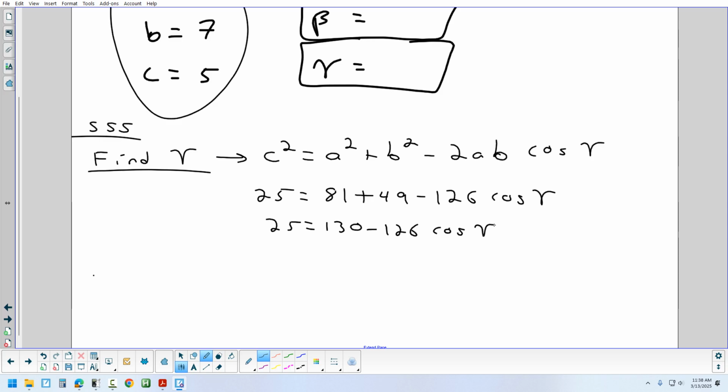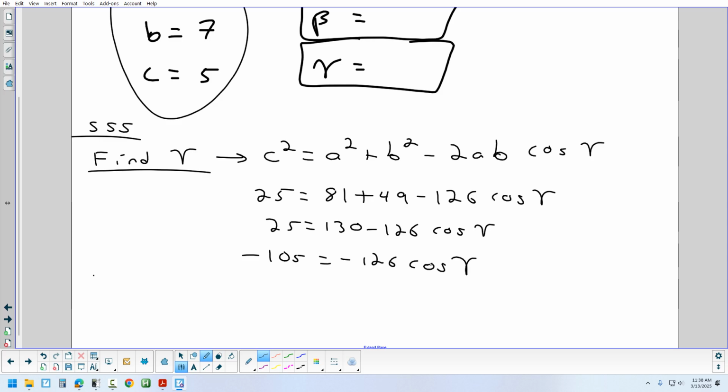Minus 126 cosine gamma. Okay, how about your next step? Subtract 130 from both sides. And what's 25 minus 130? Negative 105. Again, negative at this point is fine.